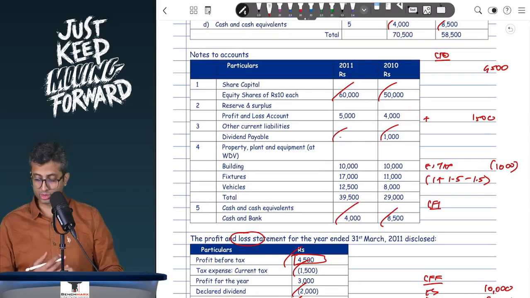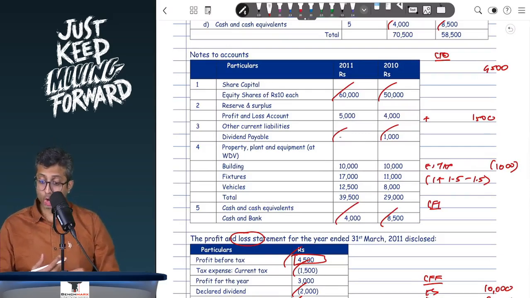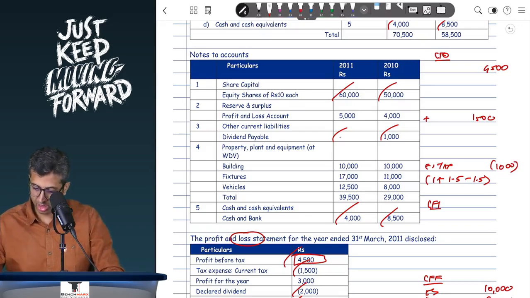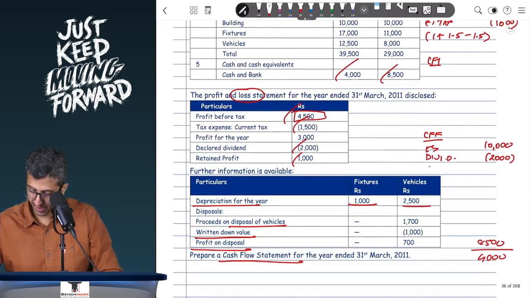Opening was 1,000, closing becomes 0, but this was dividend payable. Will dividend payable come in working capital adjustments? No, this is dividend paid. At the end of the year, nothing is payable, and hence can I say further dividend paid, opening dividend which was still unpaid, 1,000 must be paid.